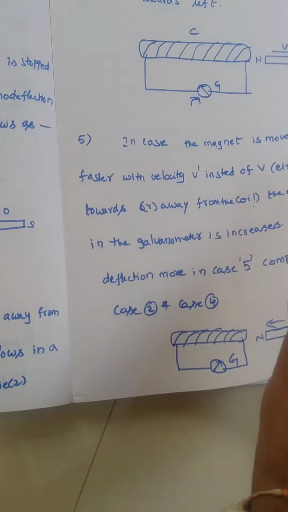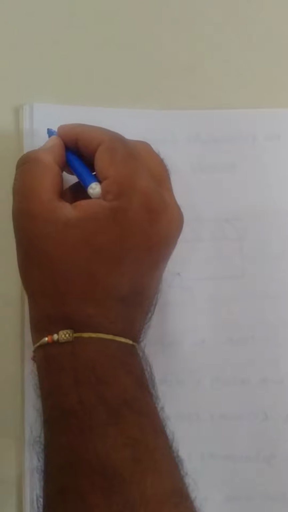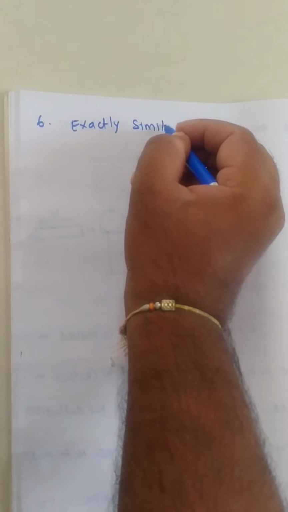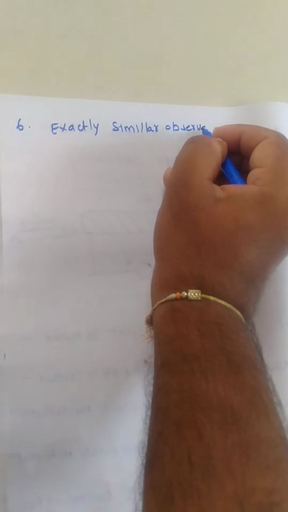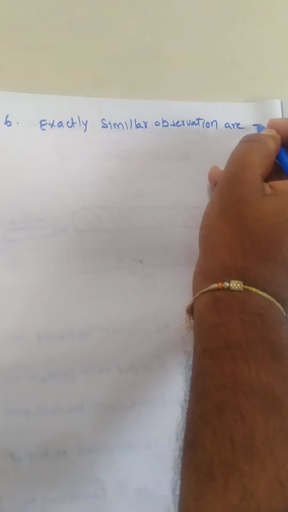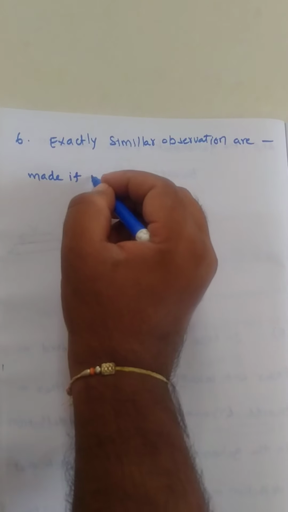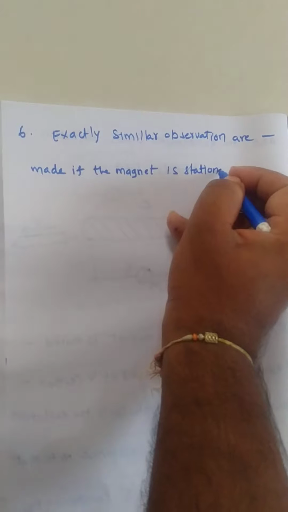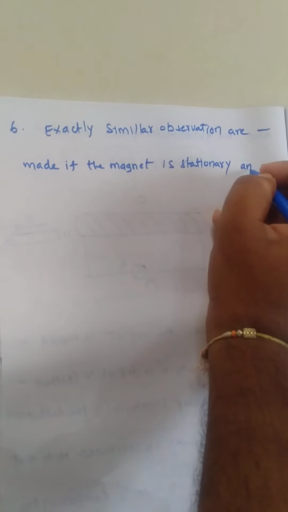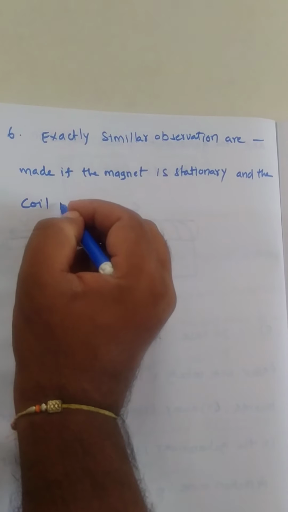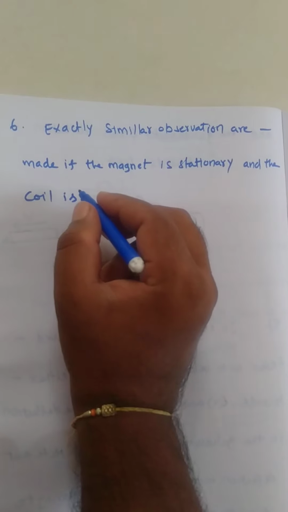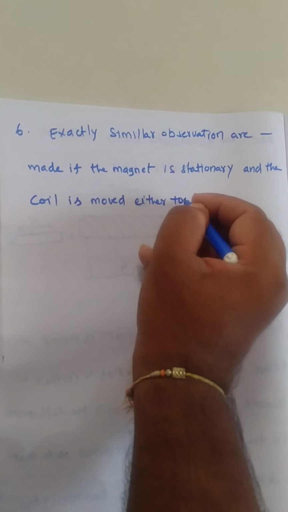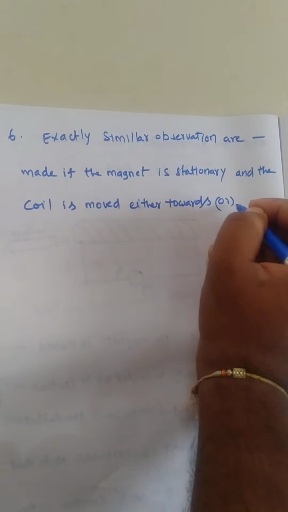And finally, the last point, the sixth point: exactly similar observations are made if the magnet is stationary and the coil is moved either towards or away from the magnet.